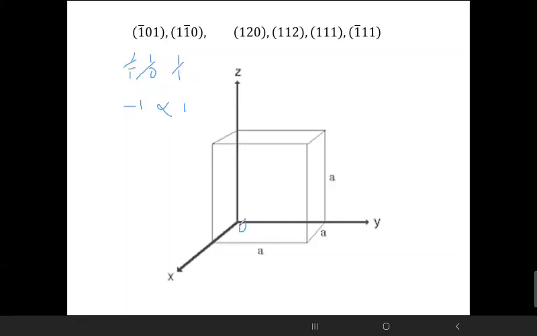Now the origin is here, but you have to change the origin to here, because you have minus 1. So minus 1 on x, y is infinity, and z is 1. So the plane is like this. This is your bar 101.